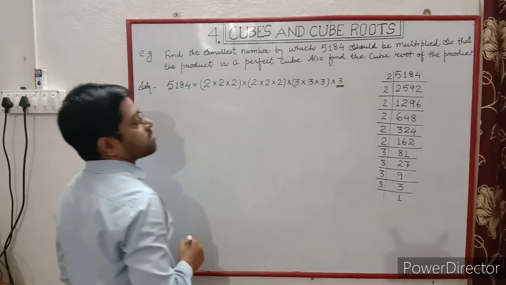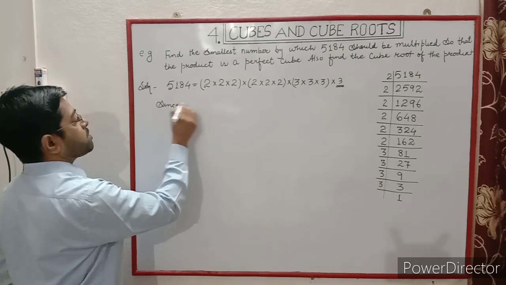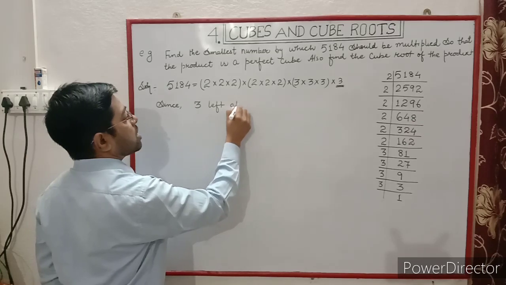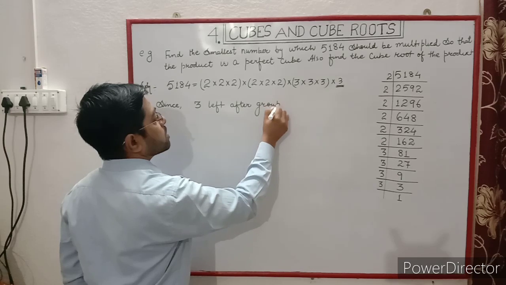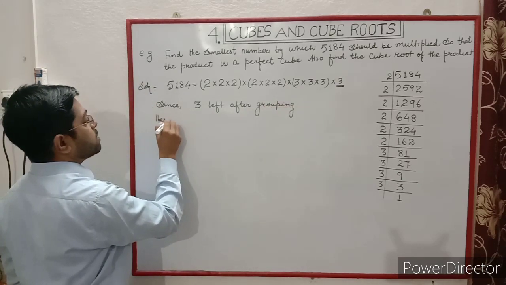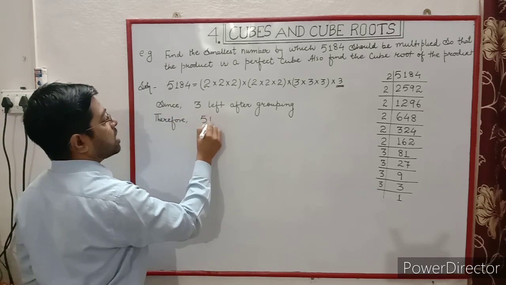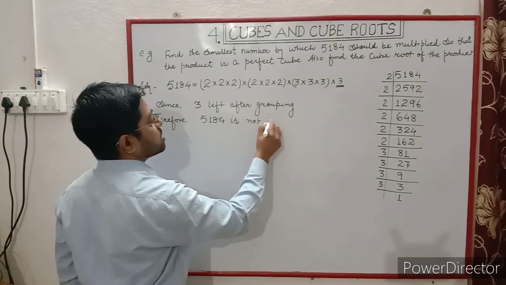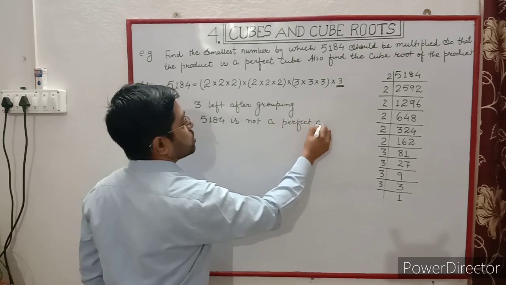After grouping, 3 left. Therefore 5184 is not a perfect cube.